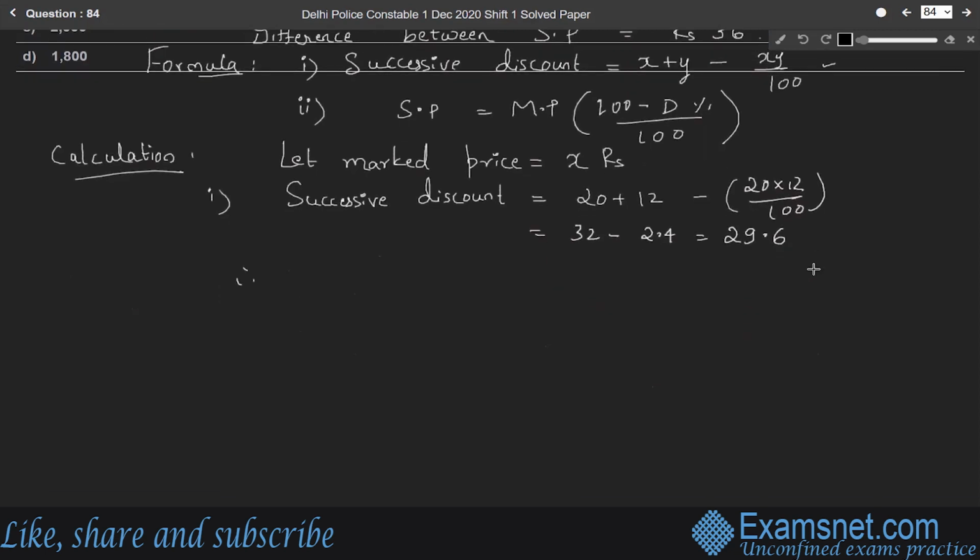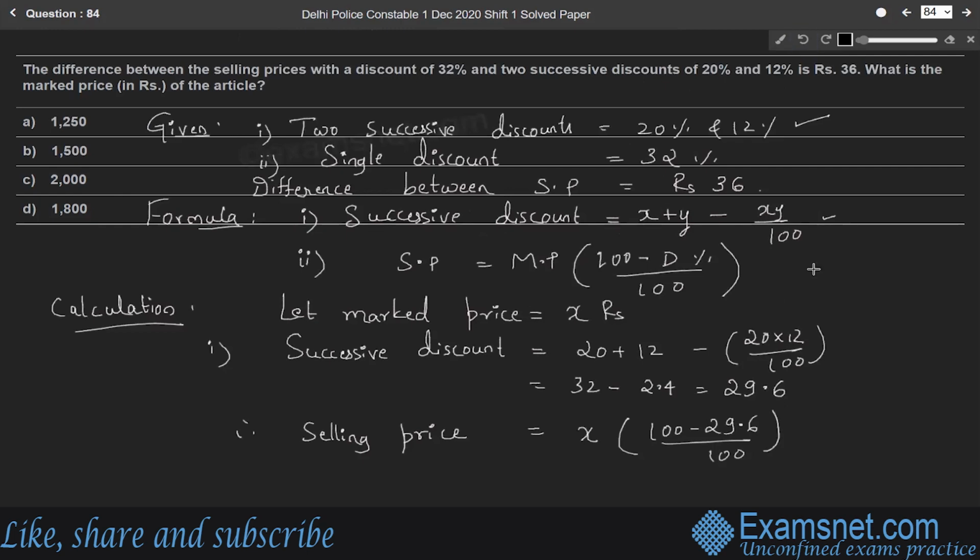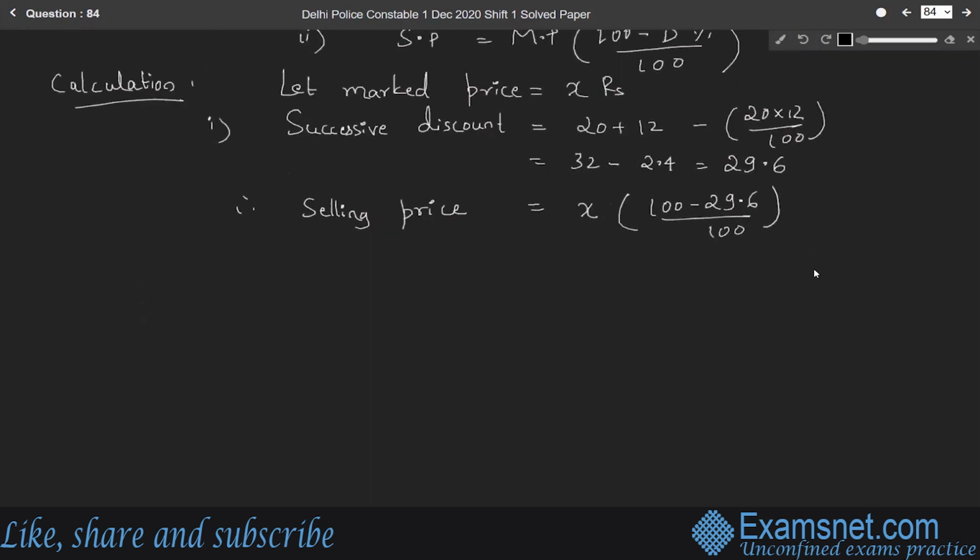Therefore, the selling price when two successive discounts are given is marked price into 100 minus discount by 100, which is X into 100 minus 29.6 by 100. 100 minus 29.6 is 70.4, so X into 70.4 by 100. Consider this as equation 1.